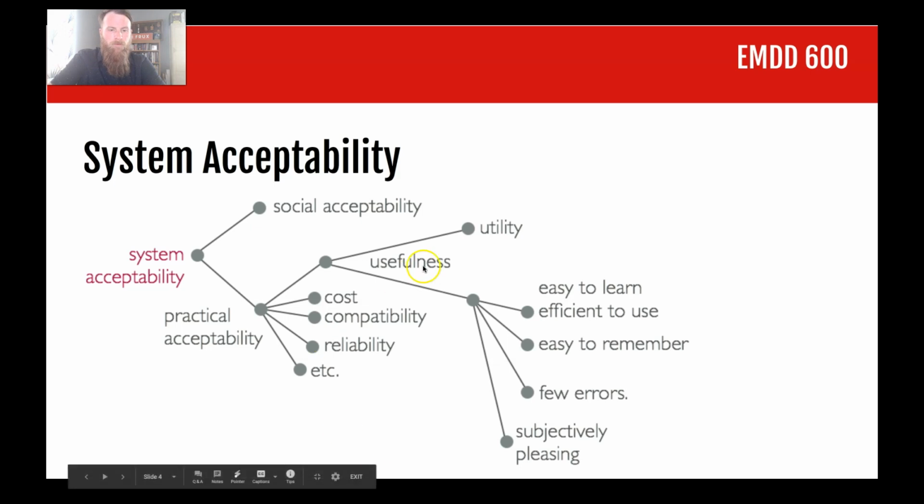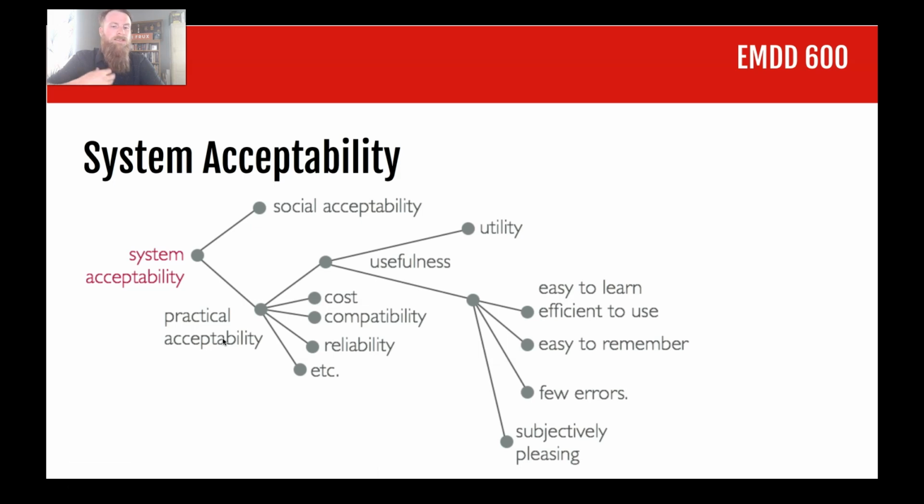And from there, it's only from that user interface and the system as a whole being acceptable to the user that we get into larger scale dimensions of user experience. So its usefulness, its utility, the cost of that system, reliability. Does this thing crash often?